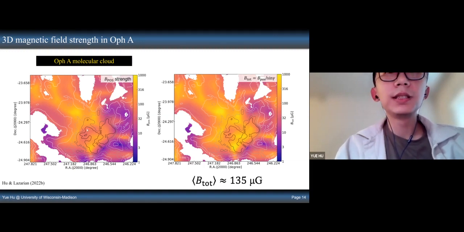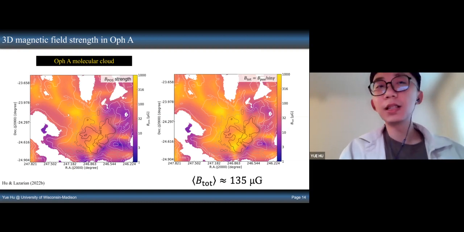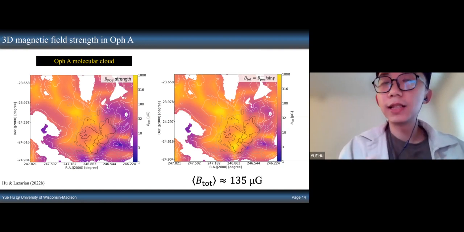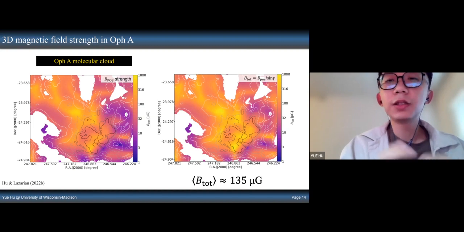Interestingly, in these very high density regions, the magnetic field strength is even weaker than in the low intensity regions, which is not expected, because in high density regions we have gas compression, probably also gravitational collapse, where the magnetic field should be stronger.